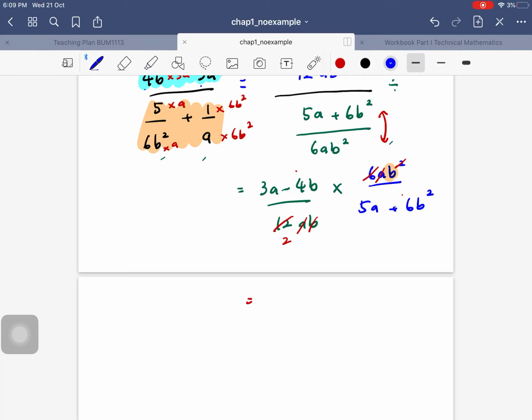So I'll end up with b multiplied by 3a minus 4b, or you can multiply them and expand, it doesn't matter. Both are correct. And at the bottom, I'm going to have 5a plus 6b squared. So that will be the outcome for this case.